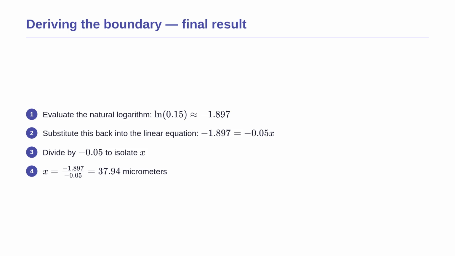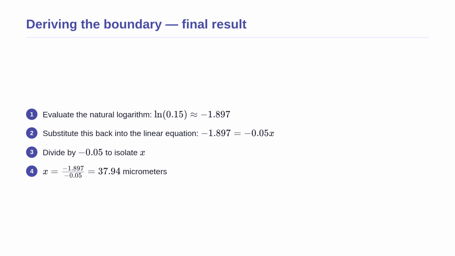We are now in the final stages of our derivation. Using a scientific calculator, we find that the natural logarithm of 0.15 is approximately negative 1.897. We substitute this back in, giving us a simple linear equation. The negative signs on both sides indicate we are on the right track, as physical distance must be positive.